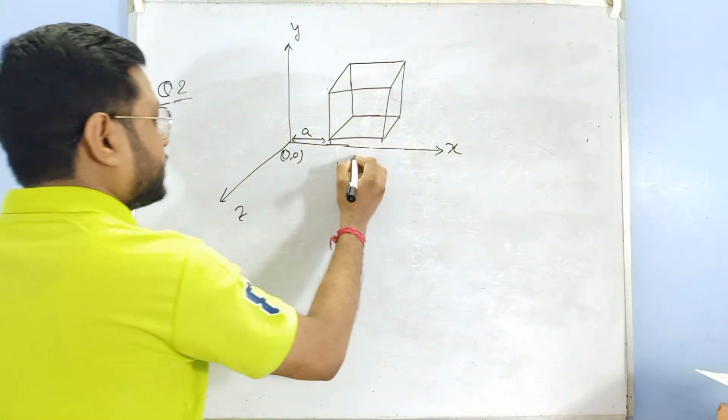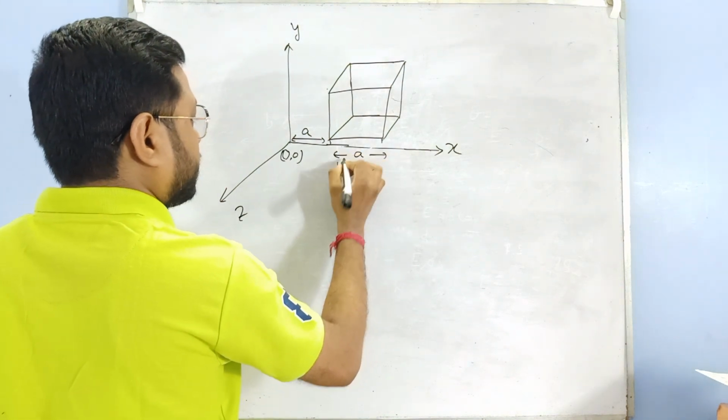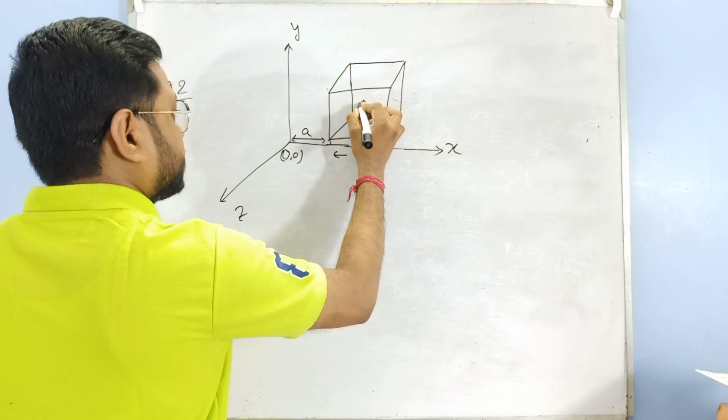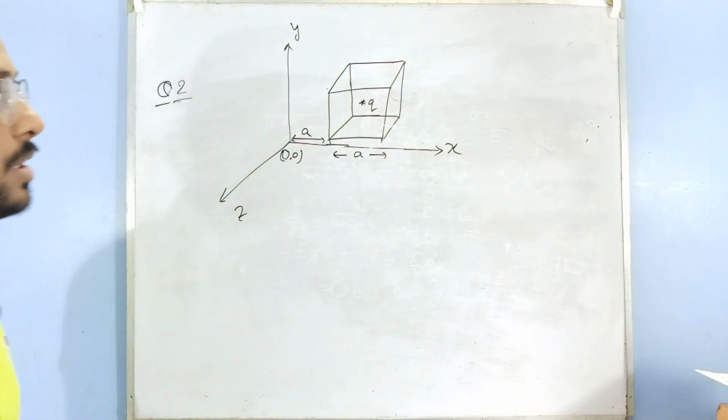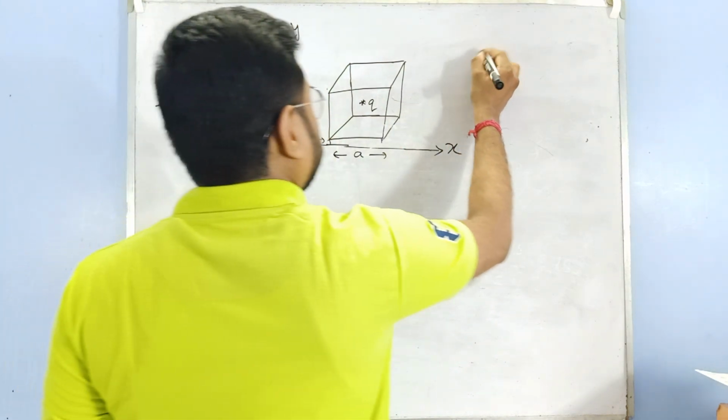All the sides of this square are also a. A charge is situated inside this square. Find out the total flux phi.